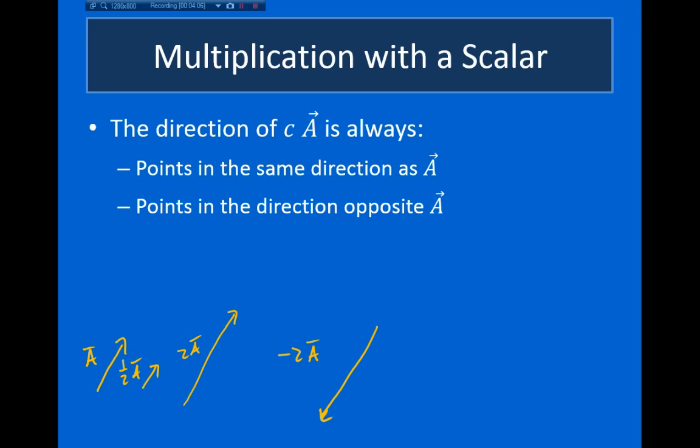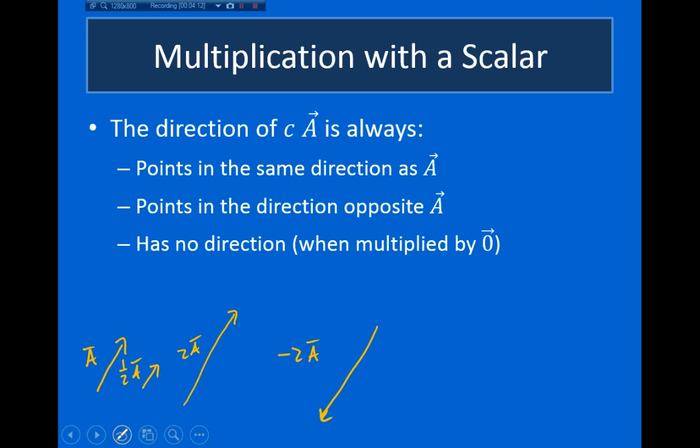Now the last one's a little bit tricky. It's a bit of a trick scenario. If we multiply the vector a by 0, then what we get is something called the zero vector. And this is something that has no direction. So it kind of contradicts that definition I gave at the very beginning when we first started talking about vectors. I said that a vector was something that has magnitude and direction.